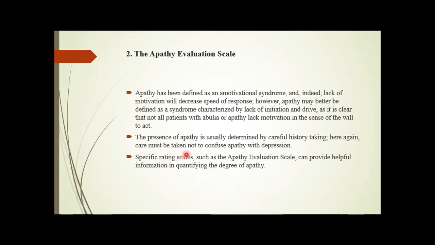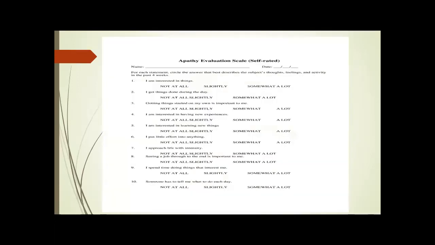Here again, care must be taken not to confuse apathy with depression. Specific rating scales such as the apathy evaluation scale can provide helpful information in quantifying the degree of apathy. This is the apathy evaluation scale, which is self-rated, and it consists of 18 questions, which have to be answered by the patient themselves.